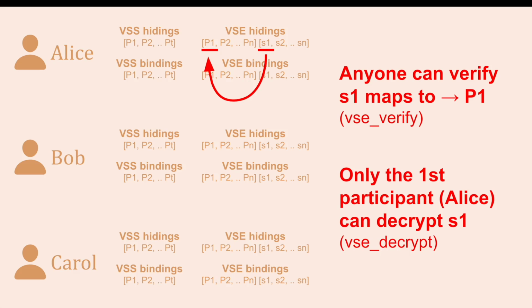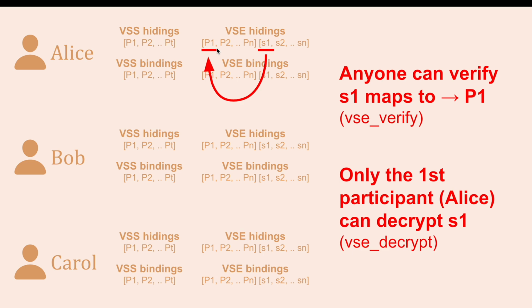In this case, we know P1 is a valid point against the VSS points. We also need to make sure S1 is a valid scalar. It's a correct value and it corresponds to P1. It's a valid scalar against the point P1.